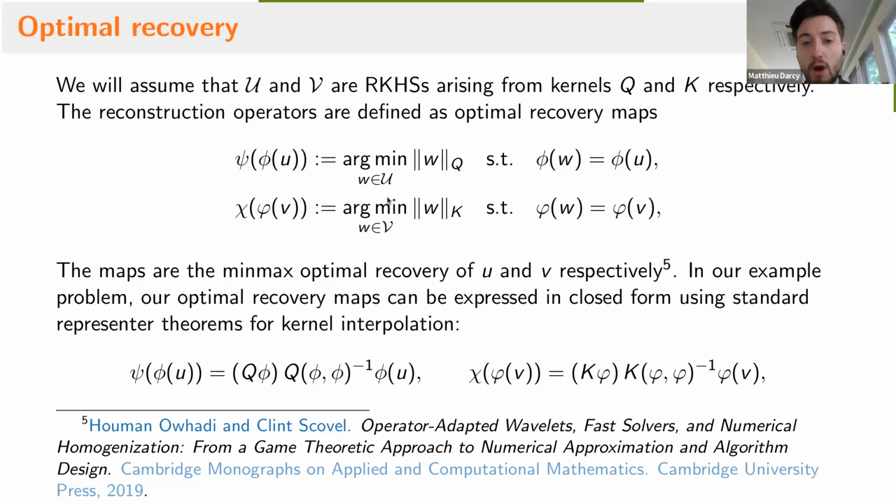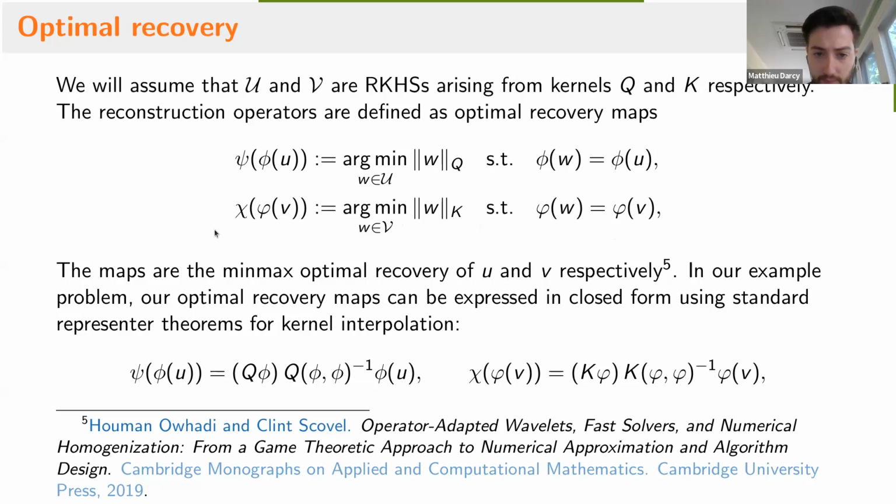And among all these possible candidates for the reconstruction of u, we're going to select the one with minimal norm. And likewise, we do exactly the same operation with varphi. We look at all functions in the RKHS V that agree with the data, and we select the one with minimal norm.